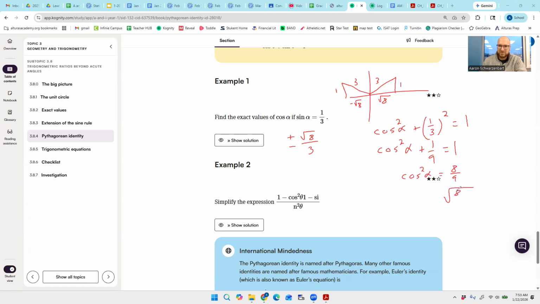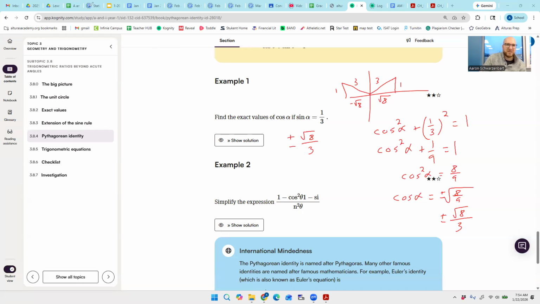Square root both sides. And you can split the square root. That's an important property. So I square root 8, and then I square root 9, and that's 3.